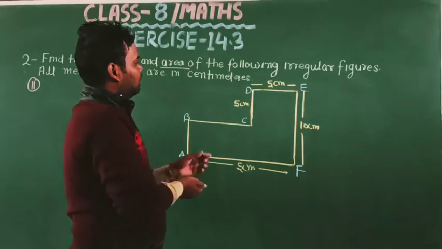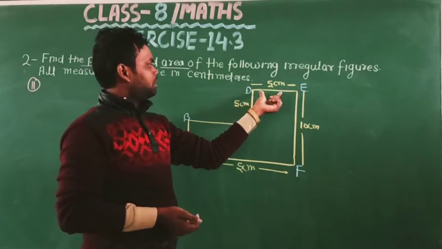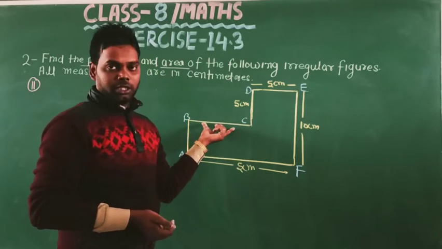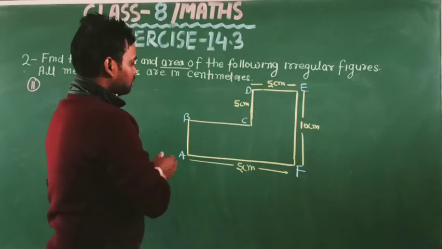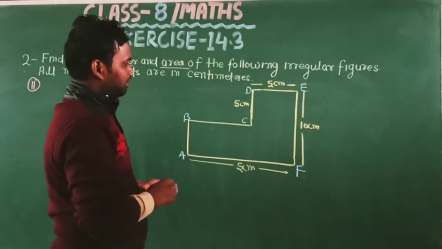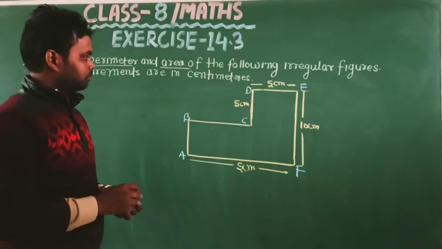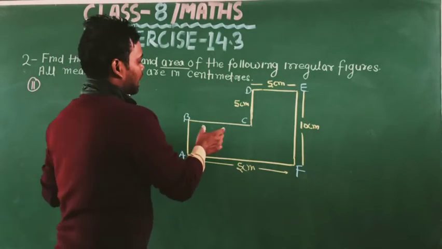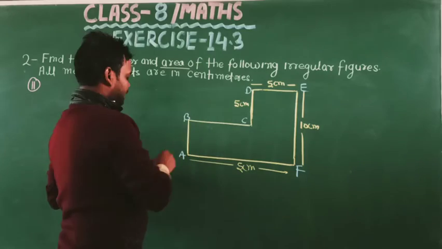here we can see the measurements of all sides are given, leaving BC. BC is not given and AB is not given. So first I will find out BC and AB.